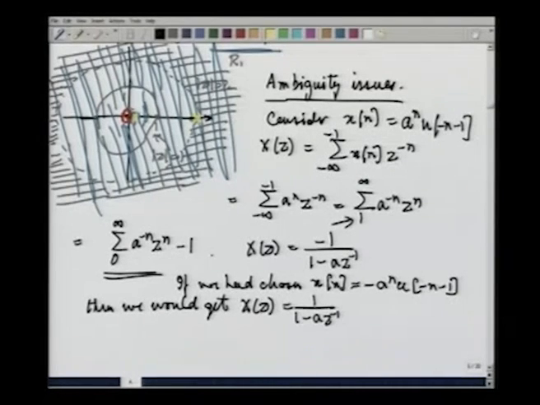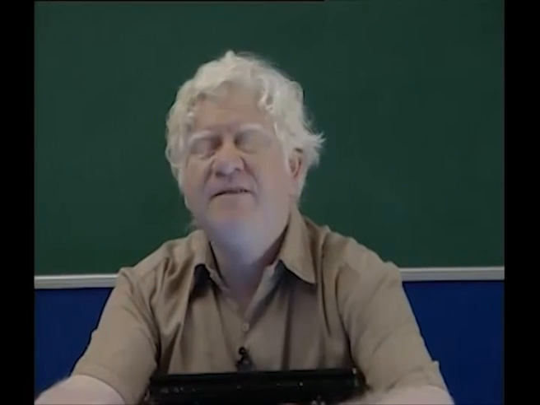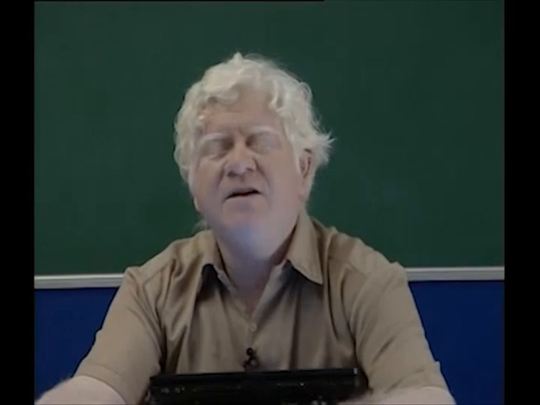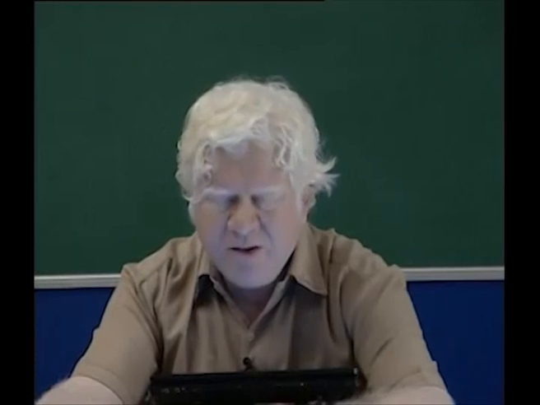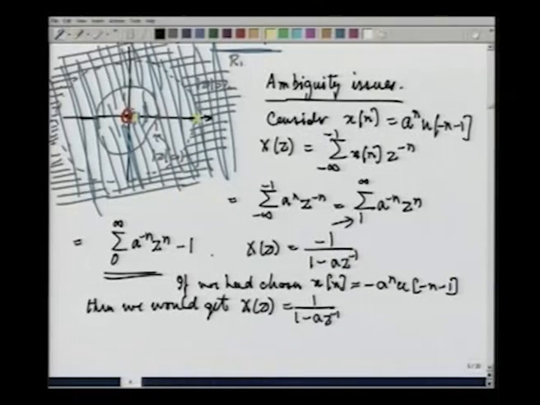However, remember that whenever we get an algebraic expression form for x z, it inherently says within it that this is valid only for those points z where it converges. Now, let us see for what points z this will converge. It will converge where the summation z by a, as seen from this part over here, will converge.